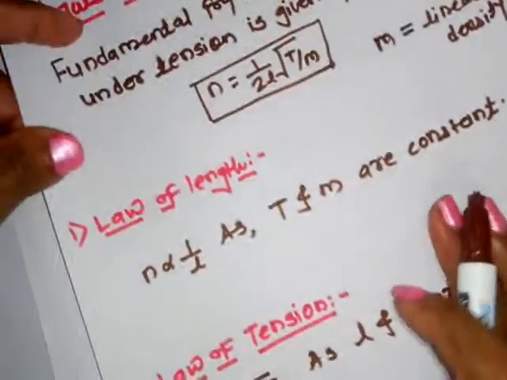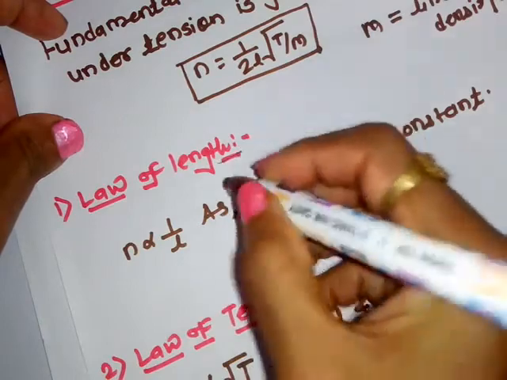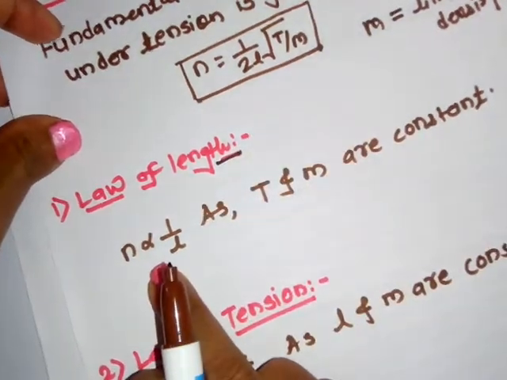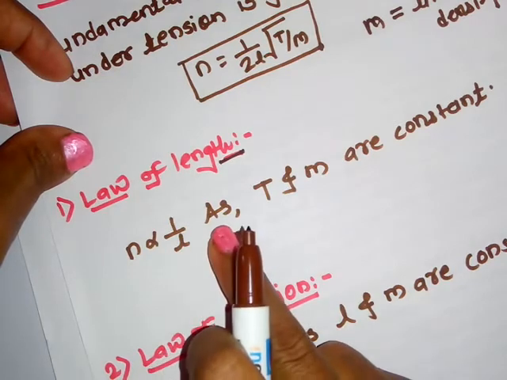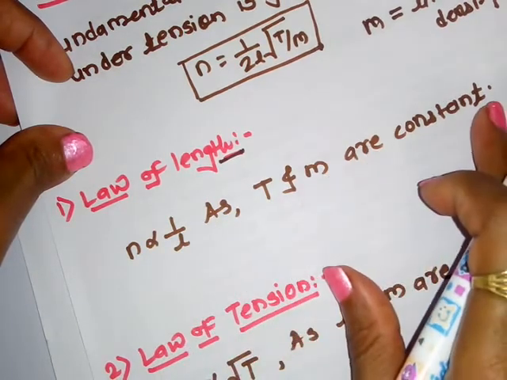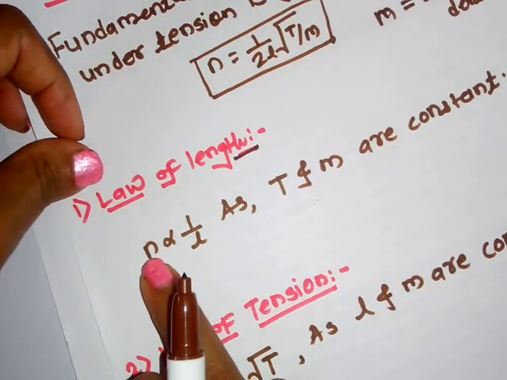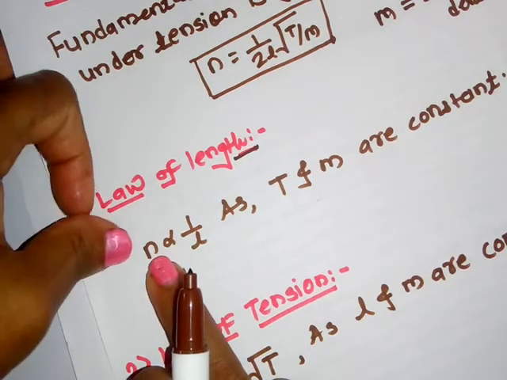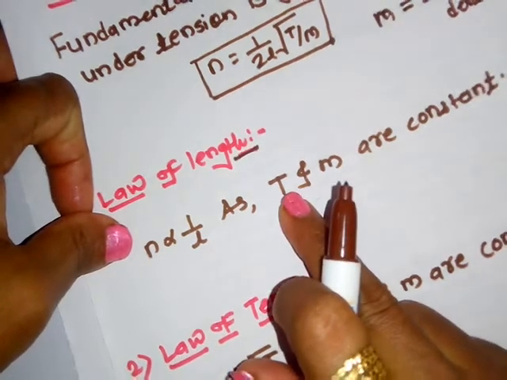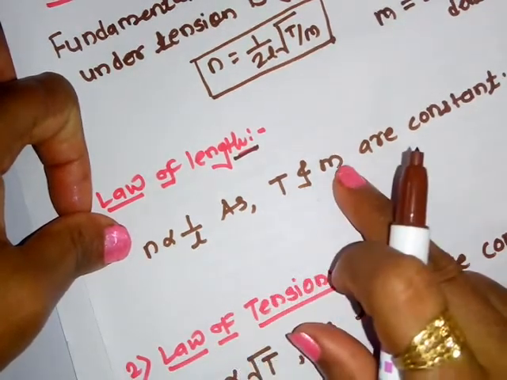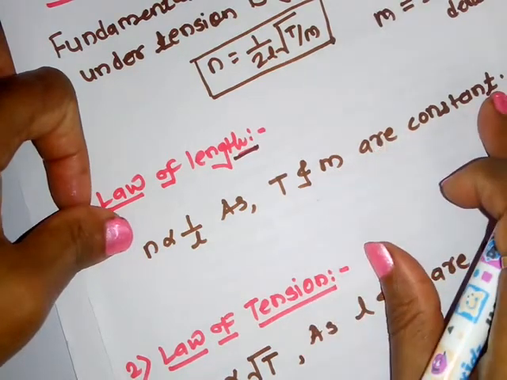Now let us see the first law, the law of length, which is related to the length. Here it is given that n is inversely proportional to L. At that time T and M are constant. This can be stated as: the frequency of vibration of a string is inversely proportional to the length, as applied tension remains constant and M, the mass per unit length or linear density, is constant.